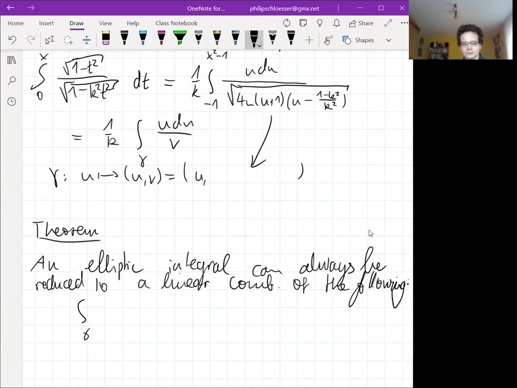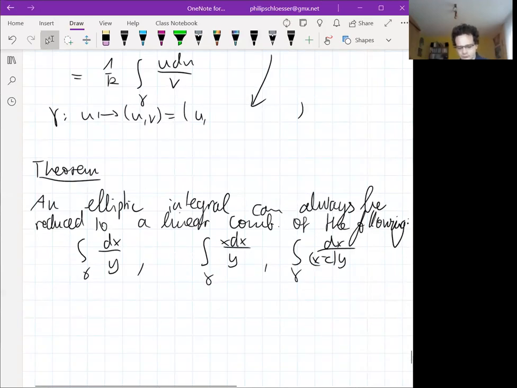Namely, the first integral we've encountered. I'm now calling them dx over y, again for no real reason, except that we use this in the definition above. Secondly, x dx over y, and thirdly, dx over (x minus c) times y.